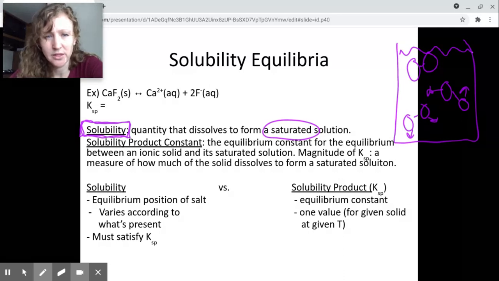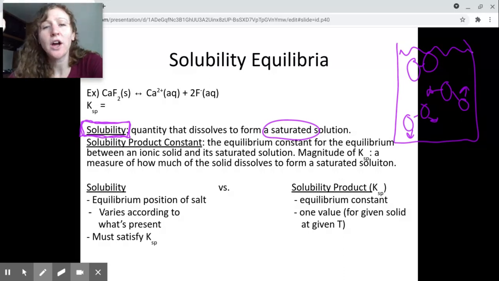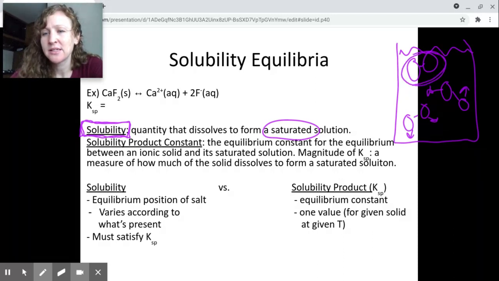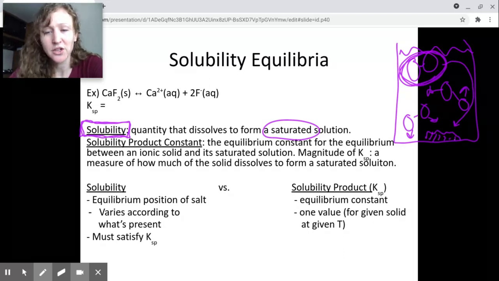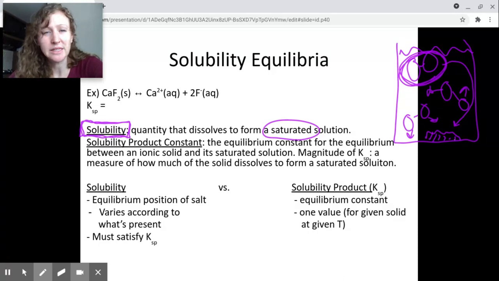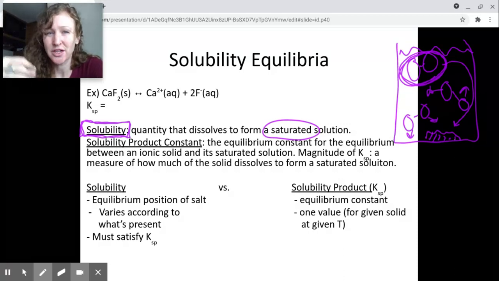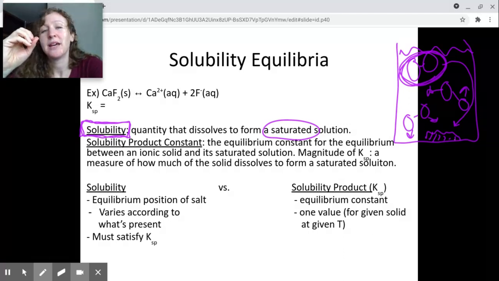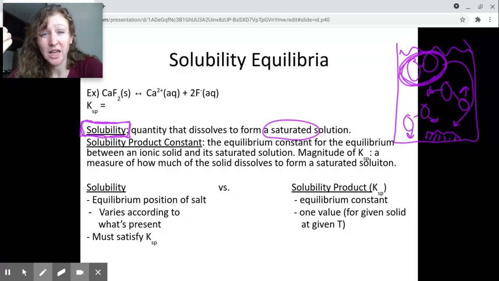We're talking about aqueous solutions here, right? So when the water can't support any more ions, these compounds will fall to the bottom and form a little pile. And that's how you know that it's saturated, because you see solid present. If you don't see solid present, it's probably not saturated yet. If you add a little bit more in and it falls to the bottom, then it's saturated. The water can't support any more ions.